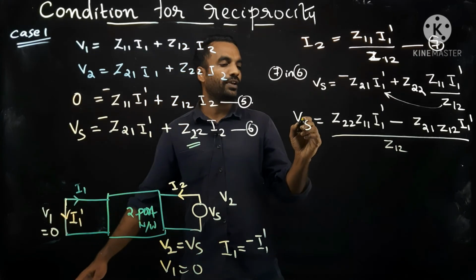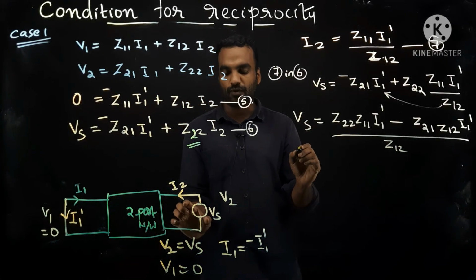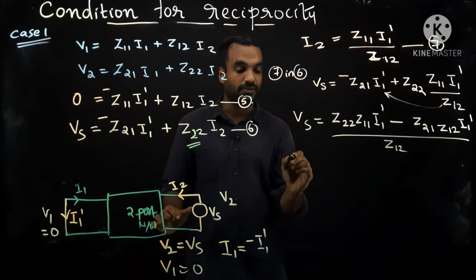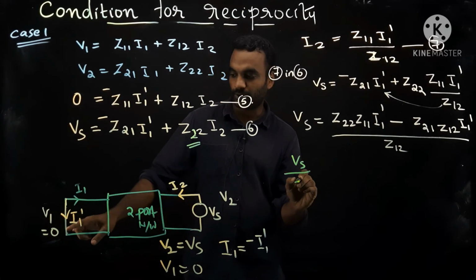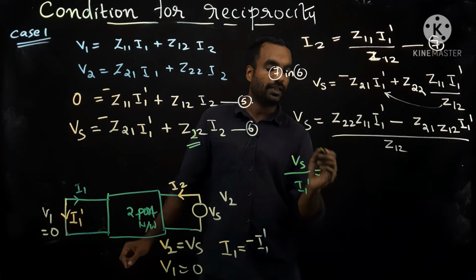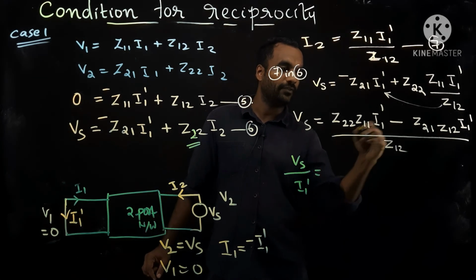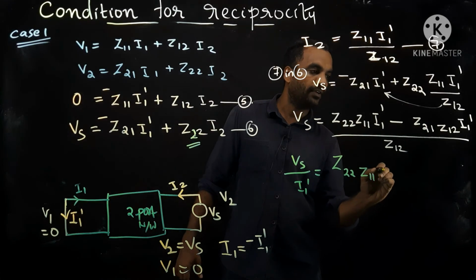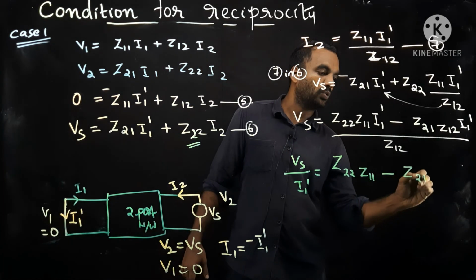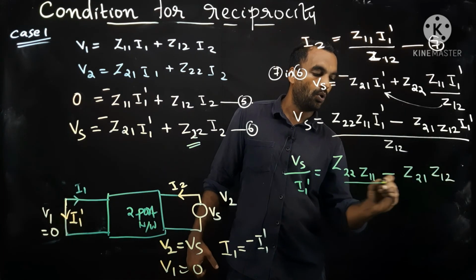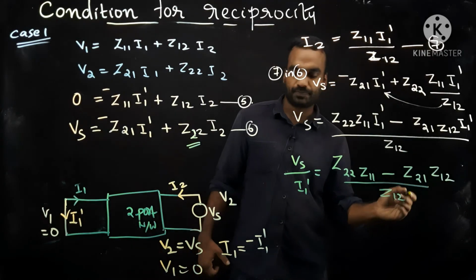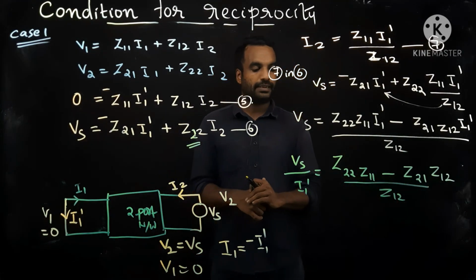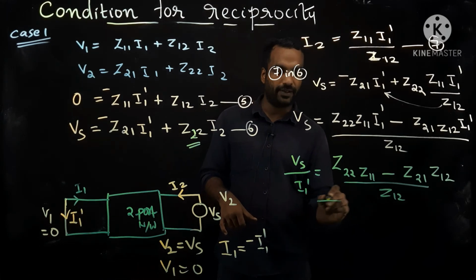Our aim is not to find Vs. We want to find the ratio of excitation to response. Excitation is Vs. Response is I1 dash. So that Vs by I1 dash is equal to, just divide all the terms by I1 dash, Z22 Z11 minus Z21 Z12 all divided by Z12. This is our equation. So this is Vs by I1 dash.